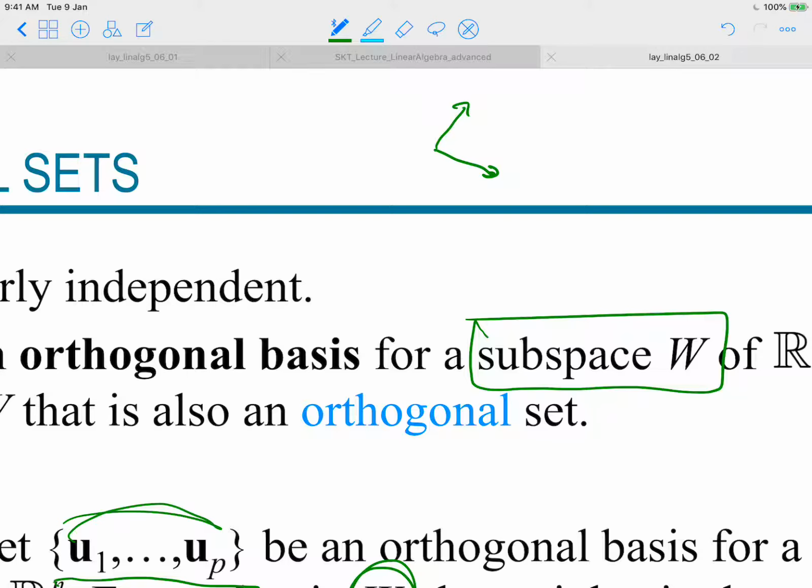Suppose we have two basis vectors that are perpendicular to each other, and our subspace is spanned by these two vectors. And then suppose we choose a vector from the subspace. Because we chose this vector from the subspace W, we should be able to obtain the linear combination representation with respect to U1 and U2, right?